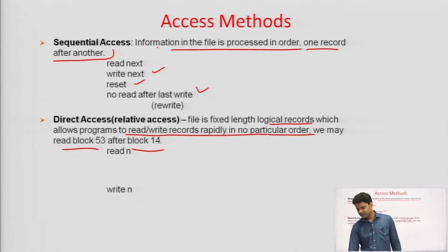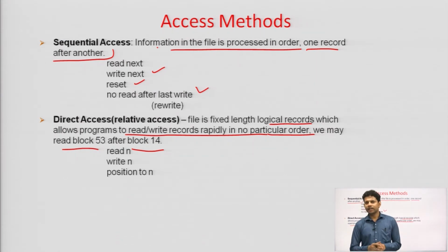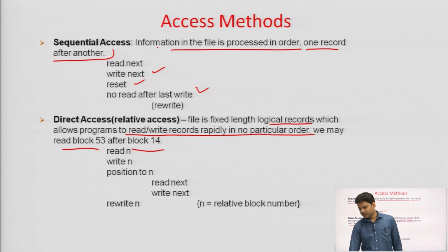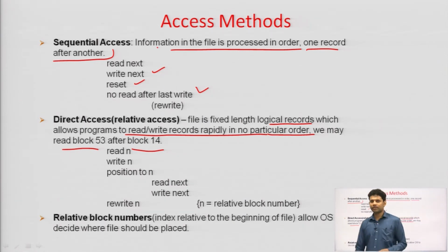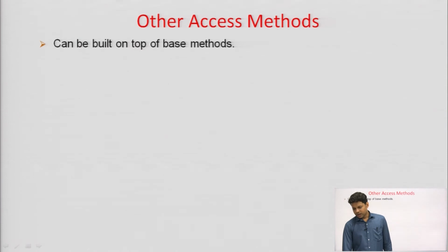A small code snippet: read n, write n, position to n, read next, write next, rewrite, where n is the relative block number. The relative block number is an index relative to the beginning of the file, which allows the OS to decide where the file should be placed.